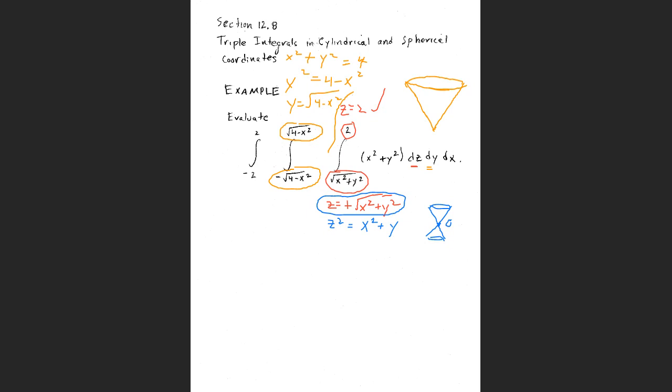But is y equals plus square root of 4 minus x squared the full circle? No. Is it the top part of the circle or the bottom part of the circle?